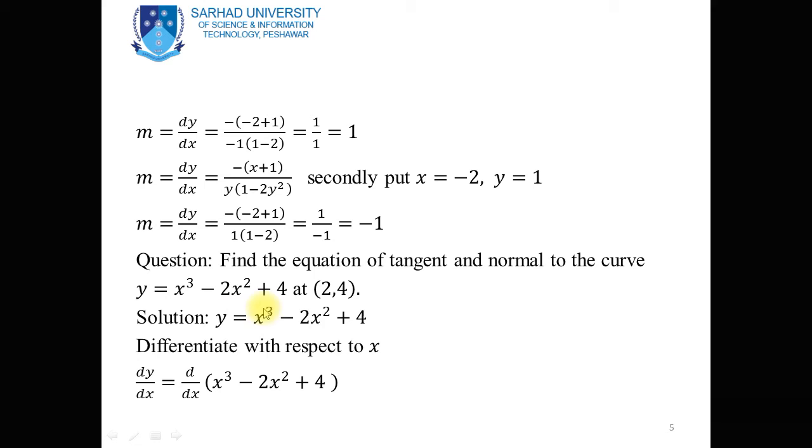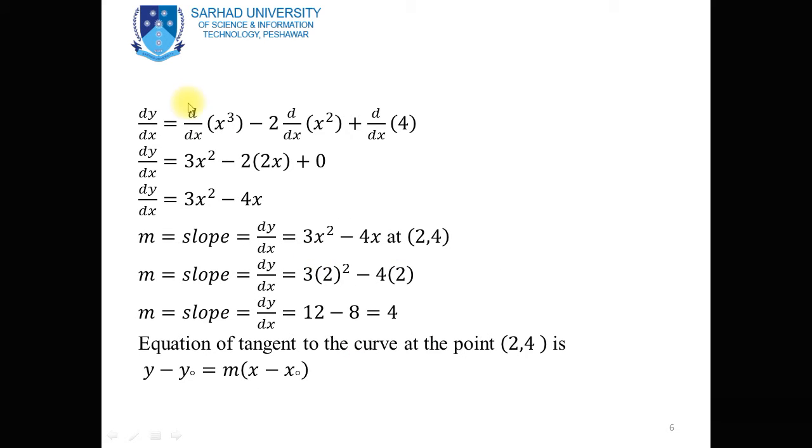Now this function is in explicit form, so the derivative is very easy. Dy by dx is equal to the derivative of x cube minus 2x square plus 4x with respect to x. So dear students, this is the derivative of x cube by using the power rule, 3x square, minus 2 into the derivative of x square, which is 2x, and the derivative of 4x.